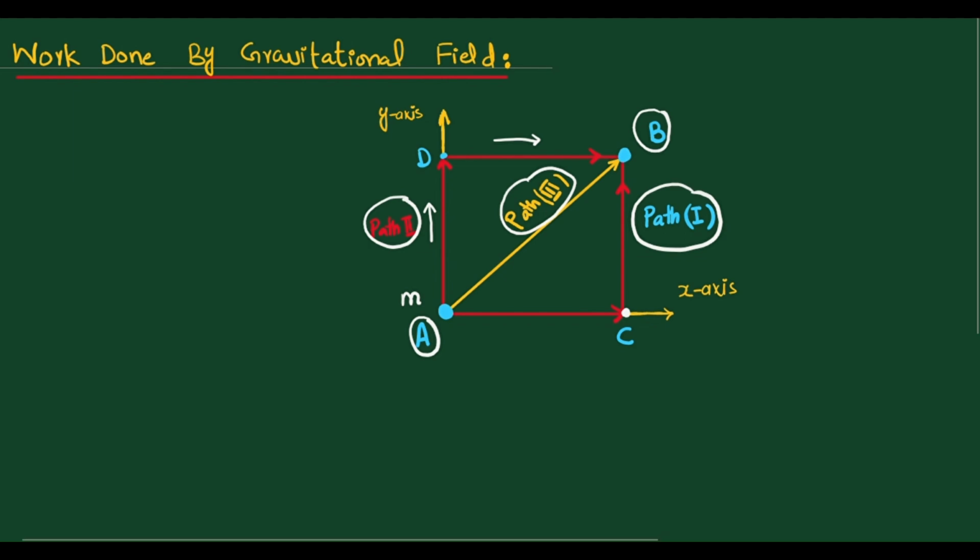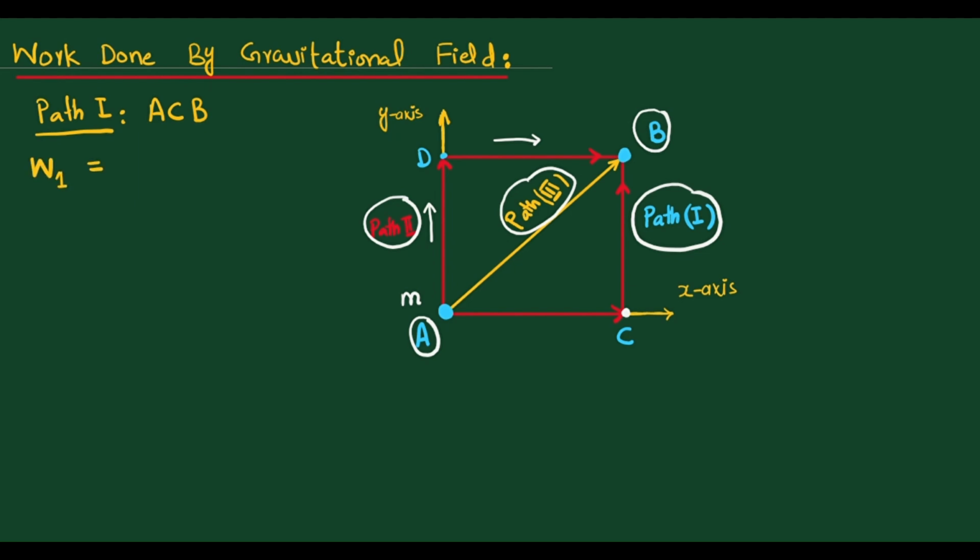First of all, we consider the first path, path 1, which, as mentioned, is A to C and then C to B. We calculate the work done from A to C and then C to B, which is equal to W1.